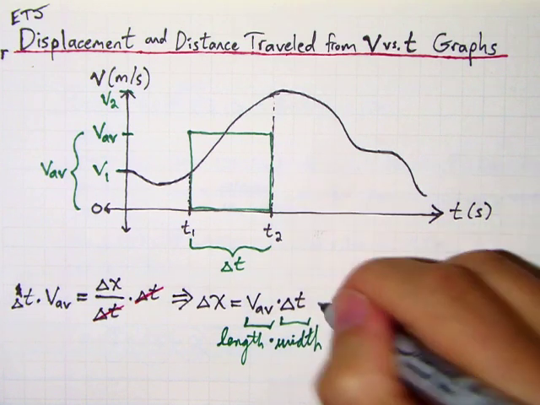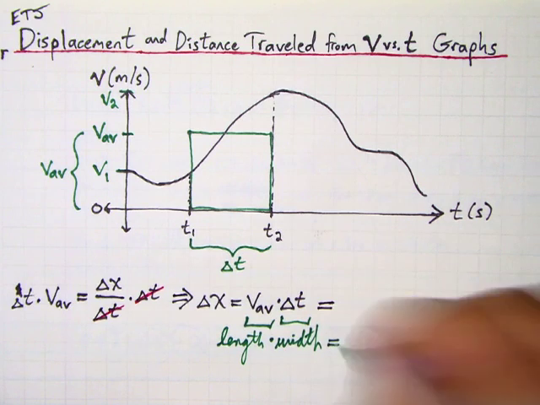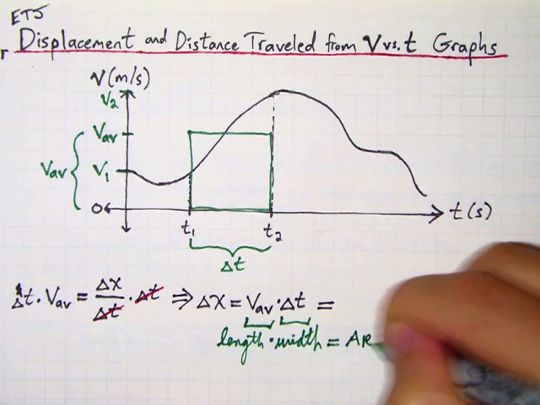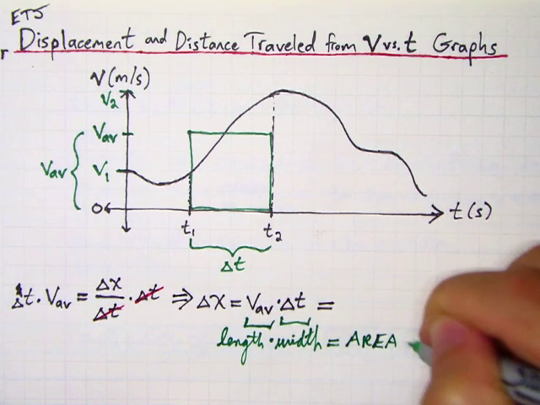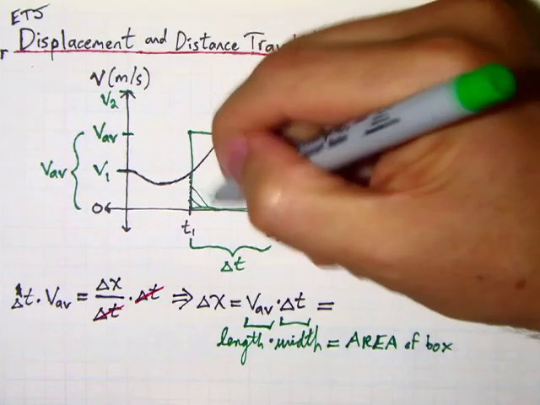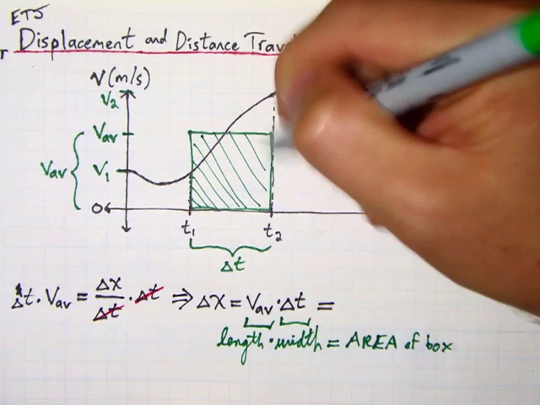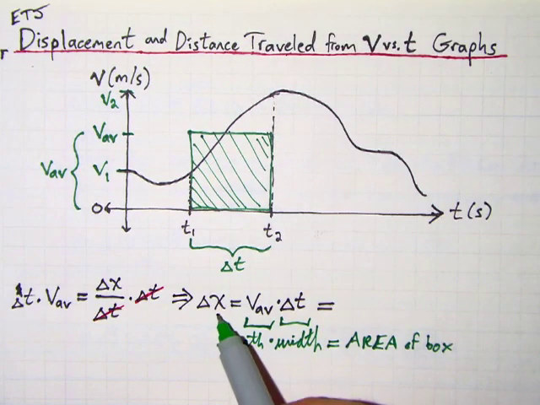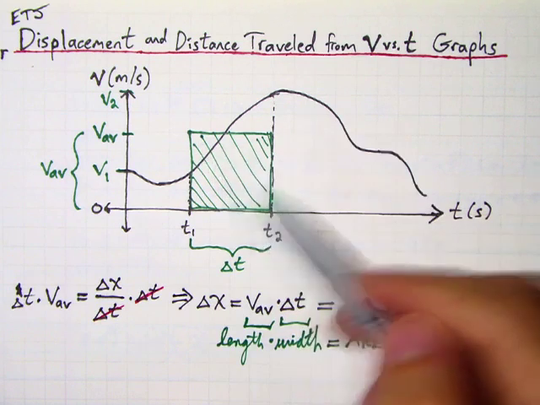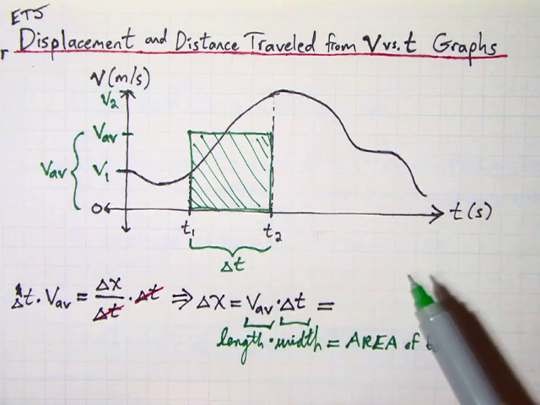If I take length times width, that gives us the area of the box. So the area of this box would seem to be equal to our displacement. If we can figure out the area of the box, we know our displacement between these two moments.